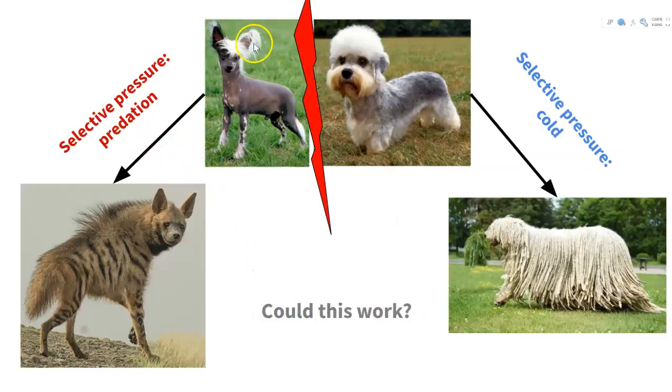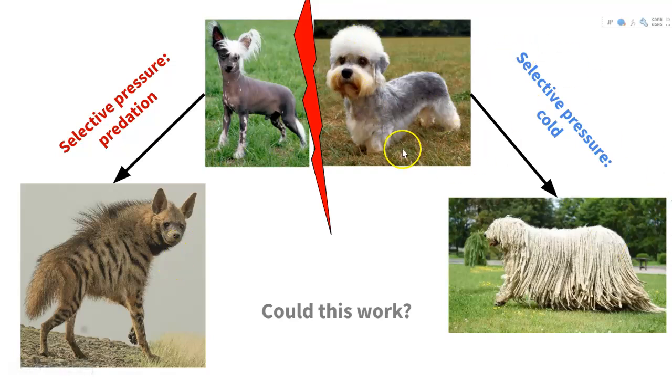If this one underwent the selective pressure of predation, they would probably become more aggressive. I am totally making this up. This is a little bit extreme, but it could happen, right? The ones that are a little more aggressive and, I don't know, predatory are going to survive and reproduce better.